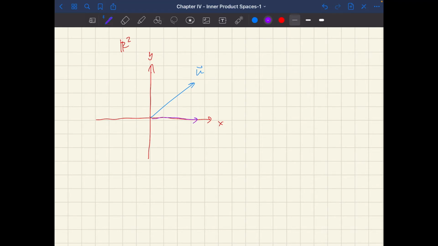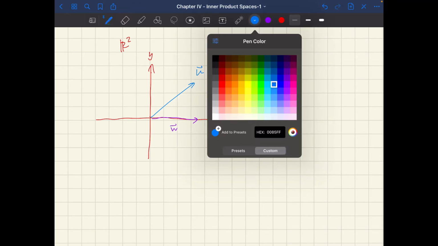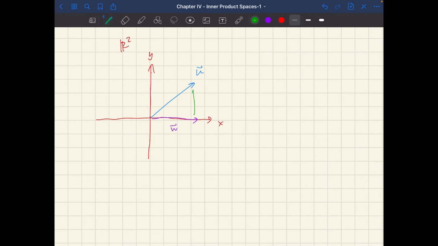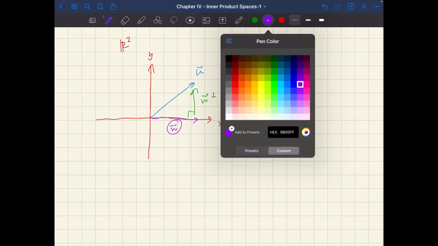This one I call w, and the green one is w perp. From this we know that u is equal to w plus w perp.